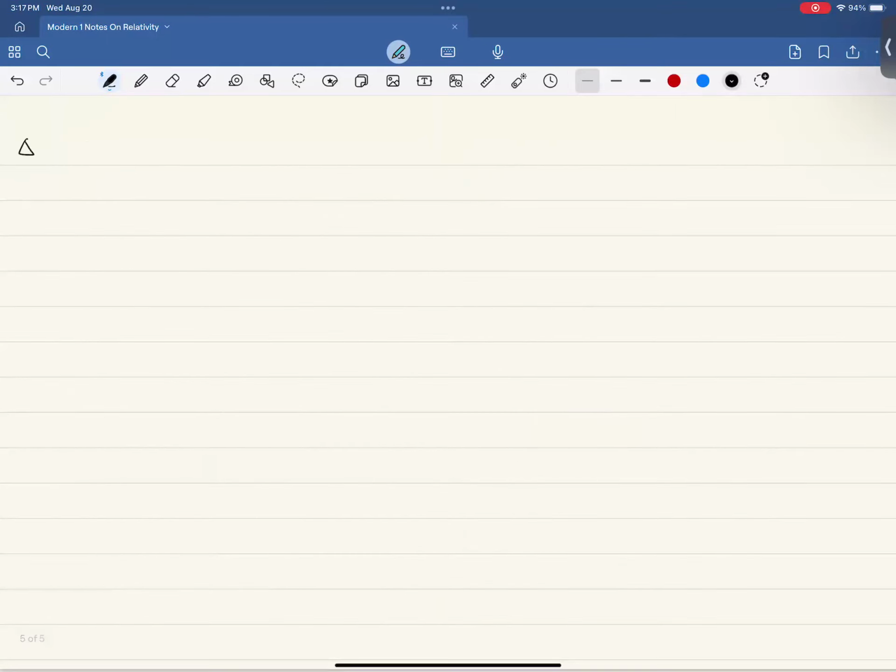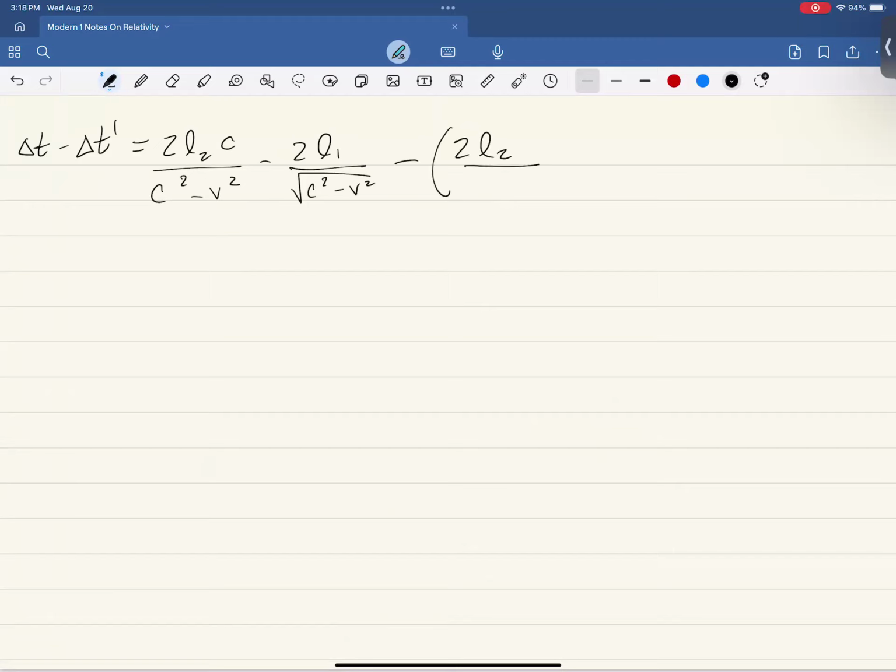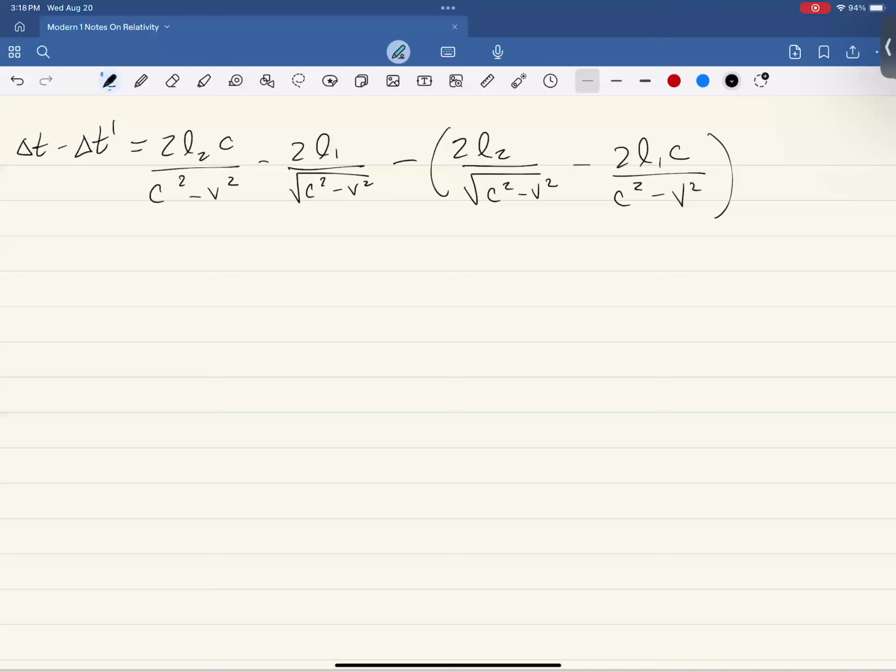Delta T minus delta T prime is equal to 2L2C over C squared minus V squared, minus 2L1 over the square root of C squared minus V squared. And then we're subtracting off delta T prime, which is 2L2 over the square root of C squared minus V squared, minus 2L1C over C squared minus V squared.